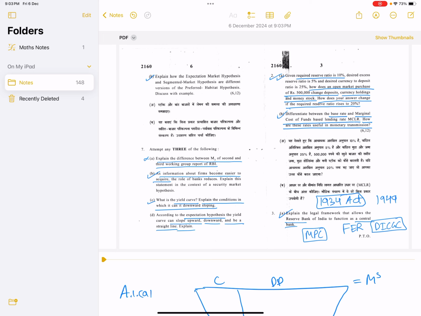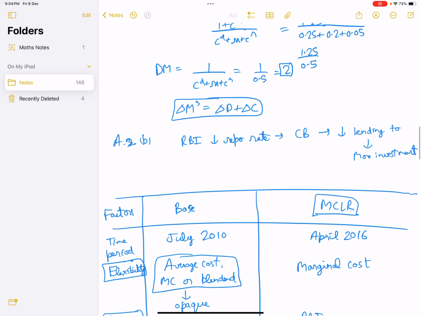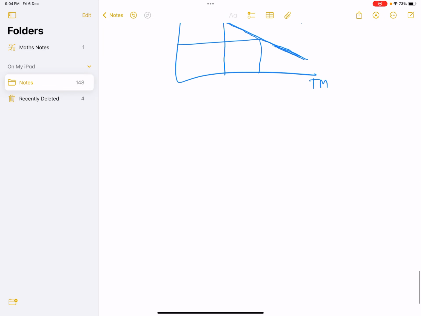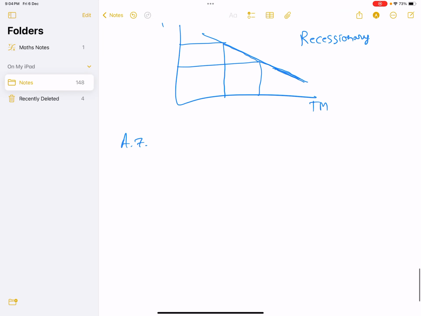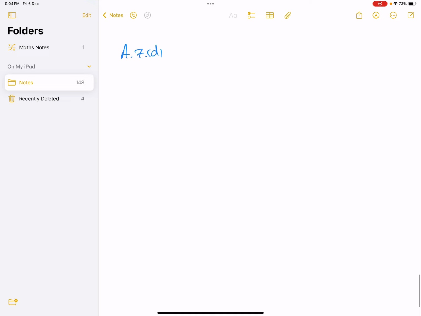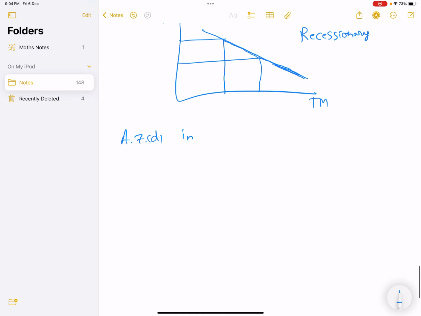Explain the expectation hypothesis. It is the D part. So suppose we have a security which will mature after n years.